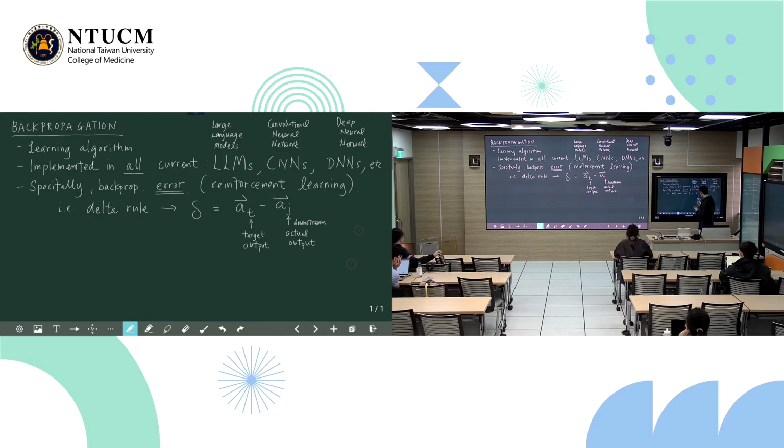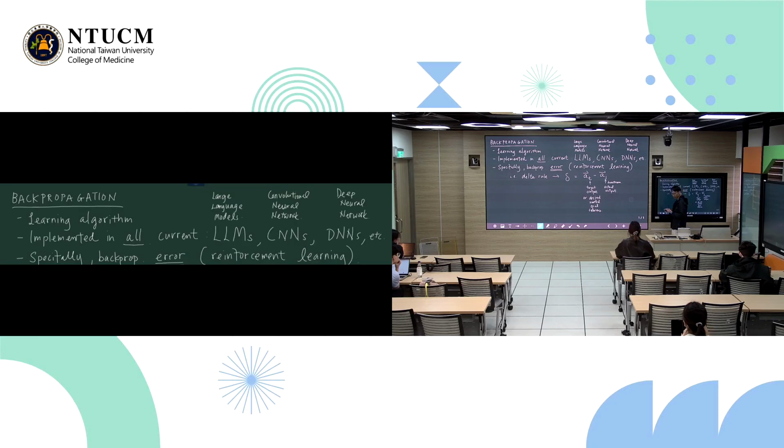Other ideas of what a target output might be, desired output, wanted, goal, what else? Reference, yeah. You get the idea. It's a target, something that we hope to get, or a system hopes to get.